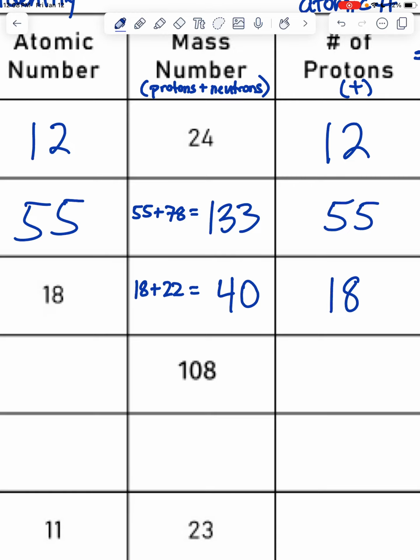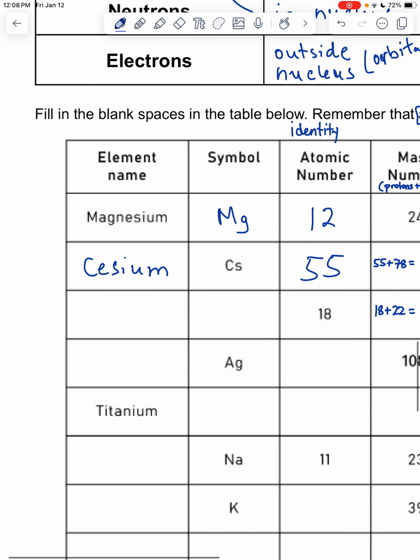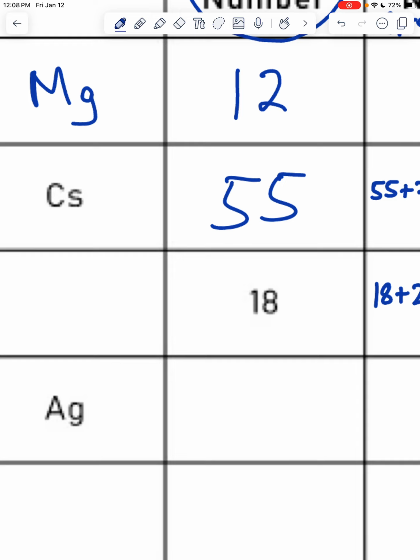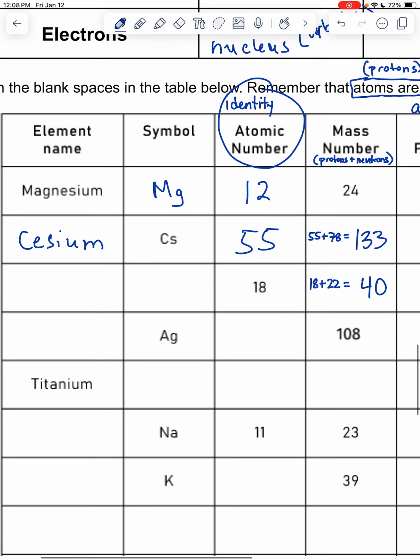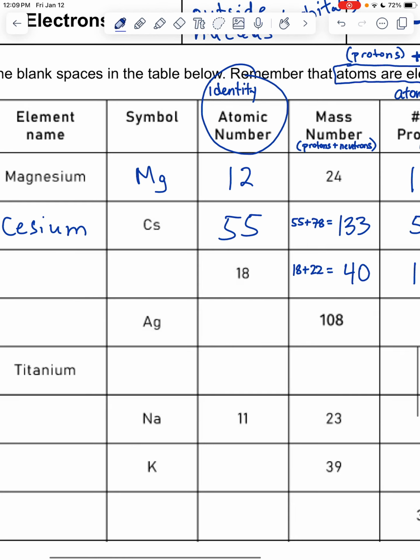Those added up. And now, wait, I don't have a symbol or an element name, so how can I figure that out? And remember, the atomic number is the identity. So since it's the identity of the atom, we can actually use the atomic number to figure out what this particular substance is. All right, and now we look, number 18.